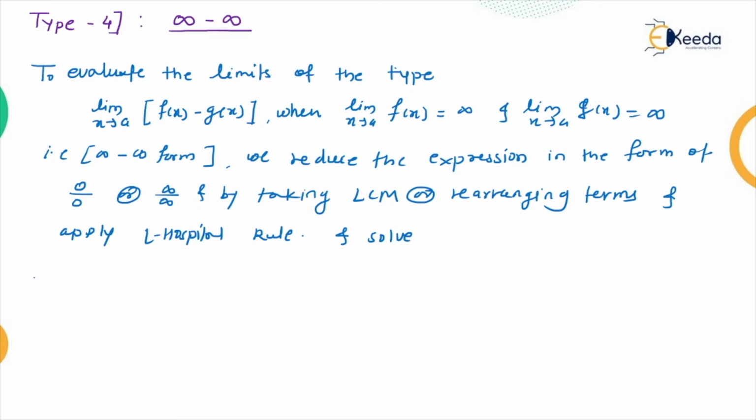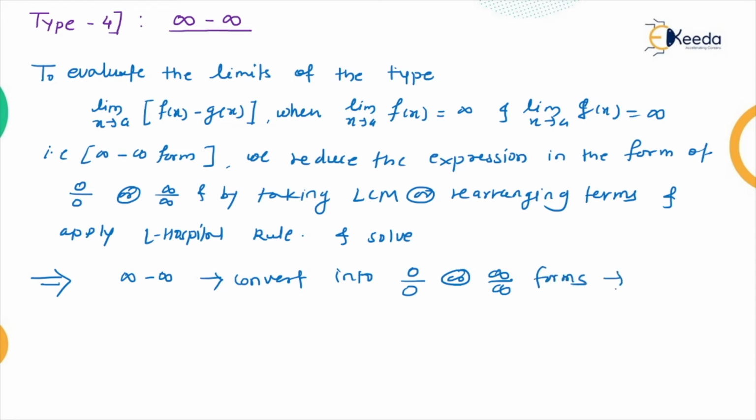So first you have to take an expression in the infinity minus infinity form. Then you have to convert it into 0 by 0 or infinity by infinity form, and after that use L'Hospital's rule. In types one, two and three we discussed using this rule to solve.